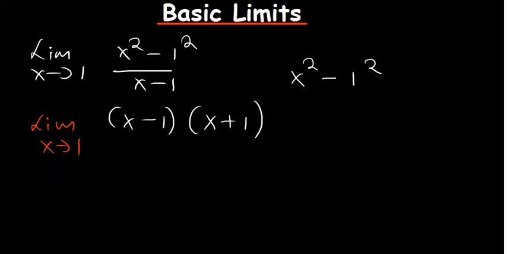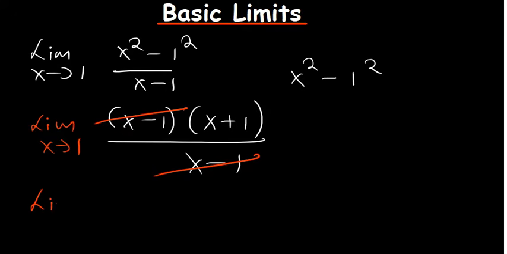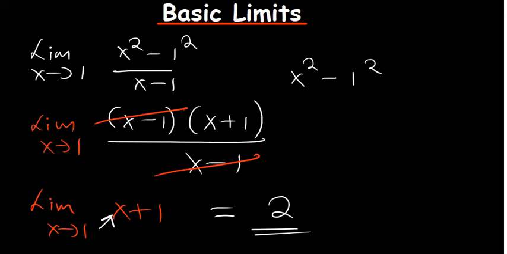So you take away the square, and then over x minus 1. Obviously, as you might guess, they can divide. So you remain with the limit as x approaches 1 for x plus 1, which you can now just substitute. Where there's x, you put a 1, and it gives you 2. So that's another approach when it comes to the limit.